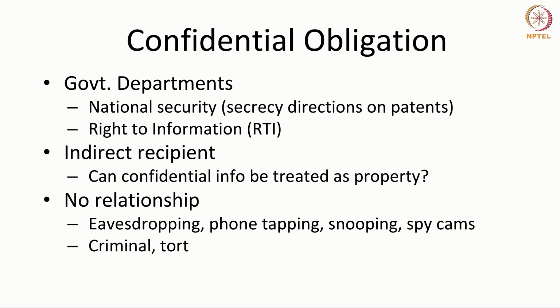The courts have held that confidential information may not be the right scheme to protect such occurrences, and the courts have repeatedly held that the criminal law and the tort law have sufficient protections in them to ensure that parties who come in possession of information without a relationship can be stopped and the further dissemination can be controlled.